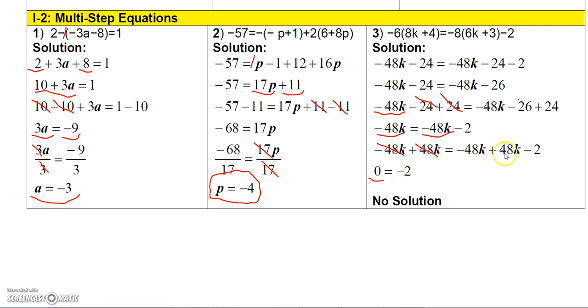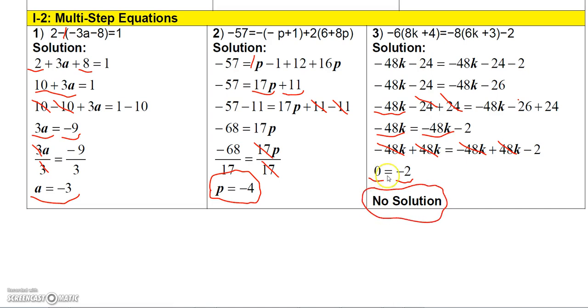And then when I add 48k to this side, the negative 48k plus 48k gives me 0 there as well, but I still have a minus 2, so I end up with 0 equals negative 2. Now, that's a statement that cannot be true, so that's a false statement. Since 0 can't equal negative 2, I have to assume that this problem has no solution.